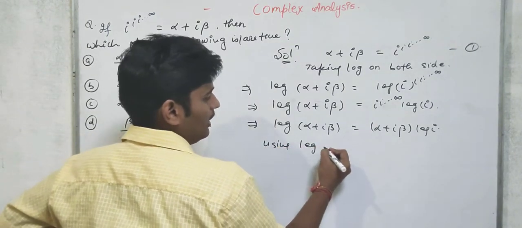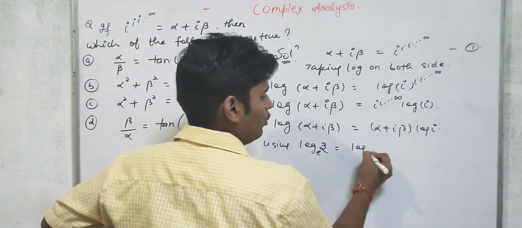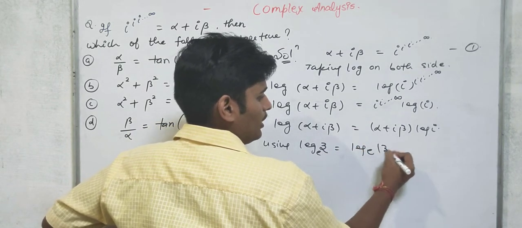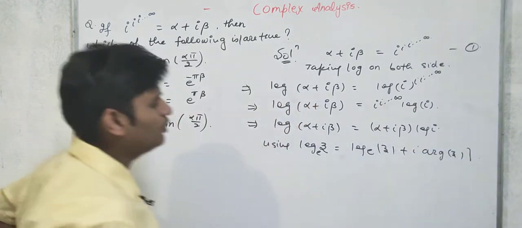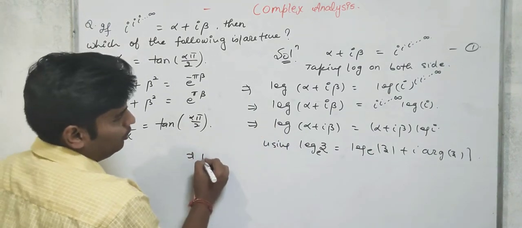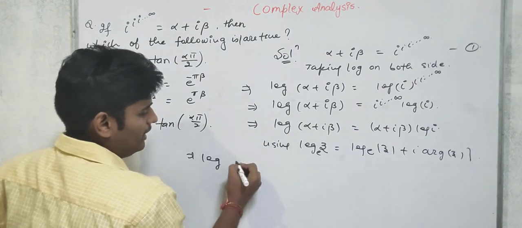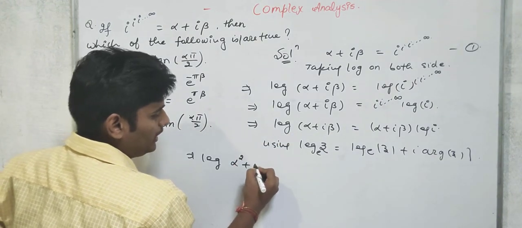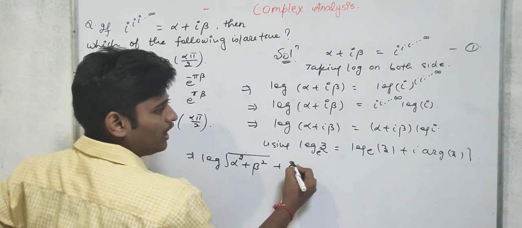Now using log of z is equal to log of modulus of z plus iota argument of z. अब इसको हम यहाँ पे यूज करेंगे. So here it is log of, what is the modulus of this function? It is alpha square plus beta square under root. Okay, plus iota.